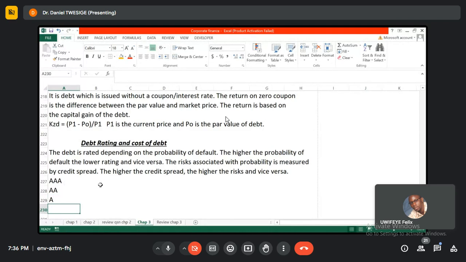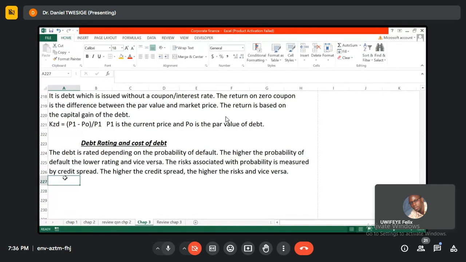Other companies use A, then AA, then A. Others use A plus, A like that. So there are different ways of rating debts. We are not going to talk about how debts are rated in this case.